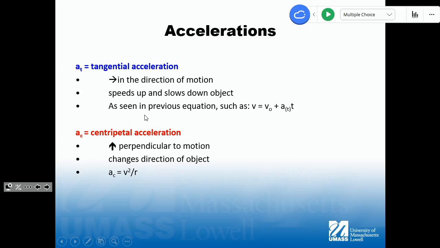So there's basically two types of accelerations that we need to worry about when an object is moving in a circle. If it's moving at a constant speed in a circle, there is no tangential acceleration. It's only centripetal acceleration. Tangential acceleration is stuff we'll deal with later if we need to, but just as an FYI, all it means is that you can speed up and slow down while you're in a circle.